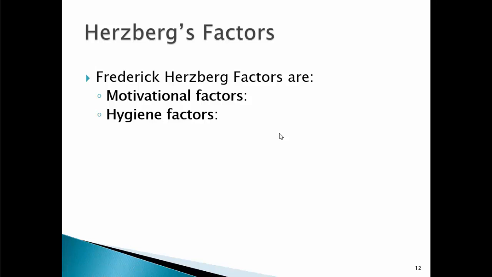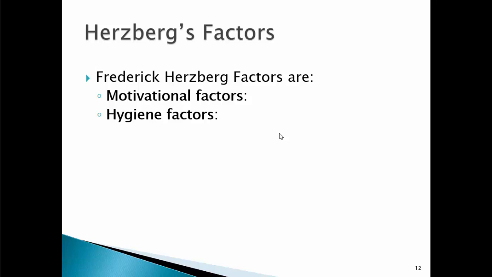On the other hand, Friedrich Herzberg wrote several famous books and articles about worker motivation. In his book, he identified two types of factors, motivational and hygiene. Motivational factors such as achievement, recognition, the work itself, responsibility, advancement, and growth, these factors produce job satisfaction.